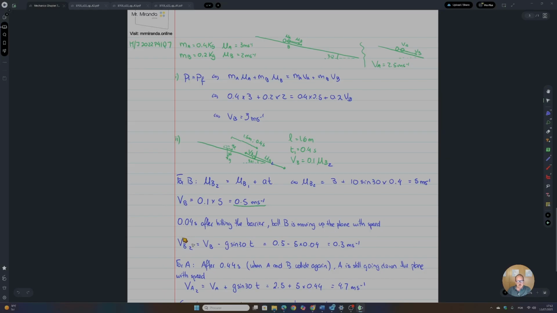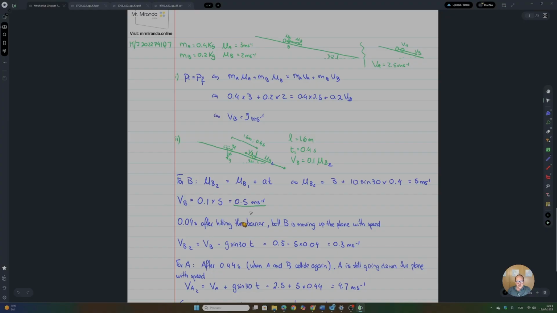What speed is it going to be now? It's going to be given again by the same SUVAT formula. Now, the velocity of B, 0.04 seconds later, is going to be the initial velocity, which is now the one that we just calculated, minus the acceleration. Don't forget that now the gravity is trying to slow it down.